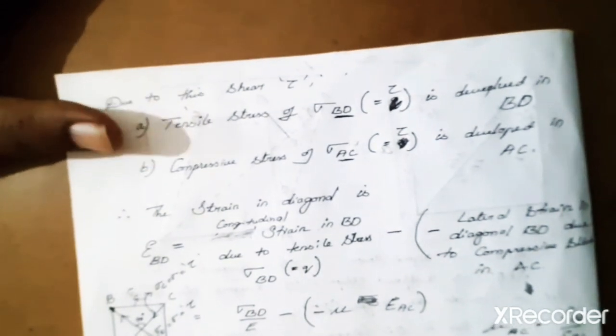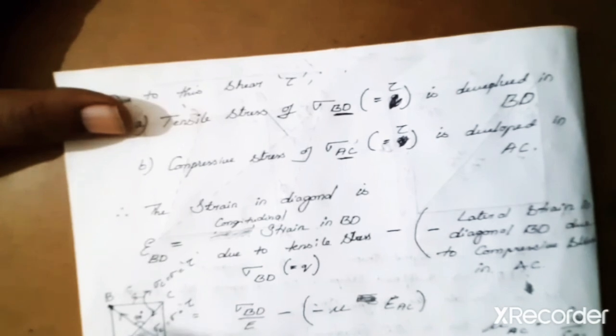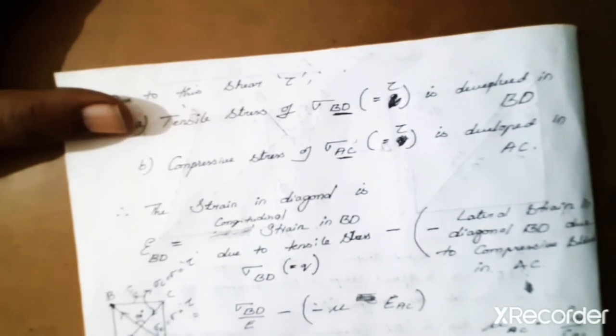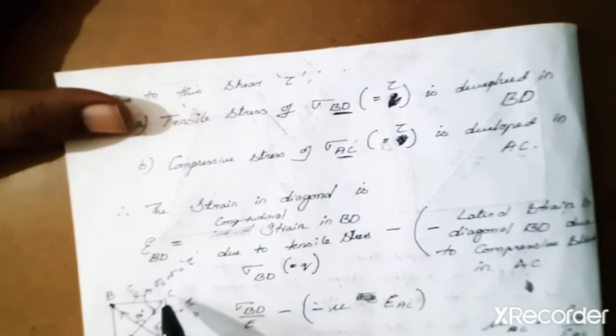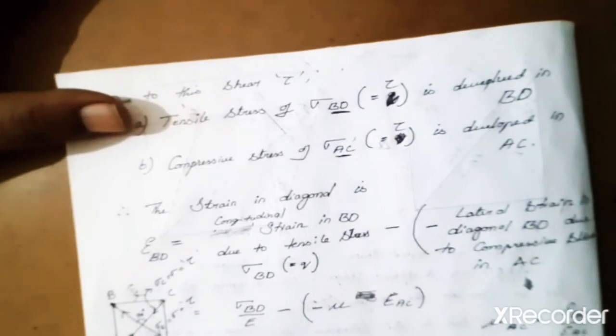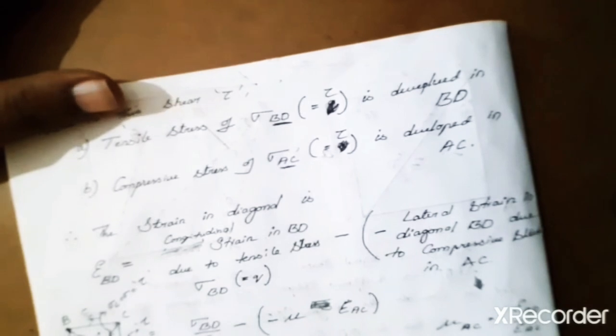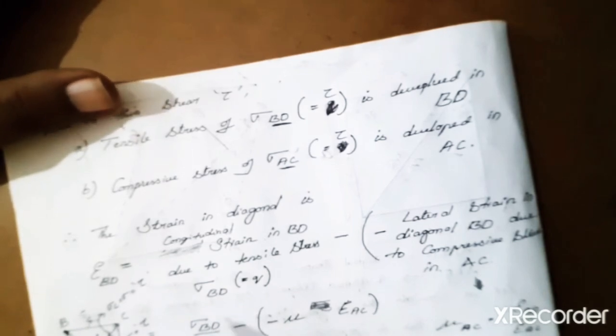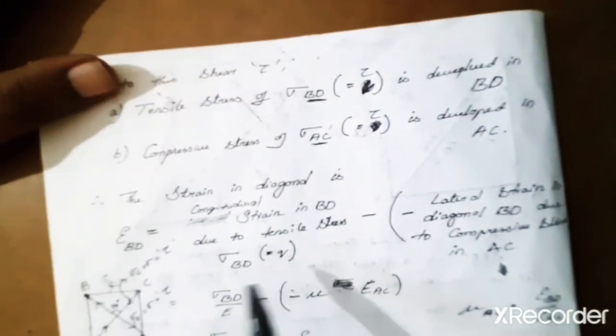But since there is a compressive force acting in the perpendicular direction in AC, because of this compressive stress there is going to be a lateral strain in this direction again, isn't it? So you need to subtract these two or add these two. That depends on whether this lateral strain is positive or negative. Let me deal with that.